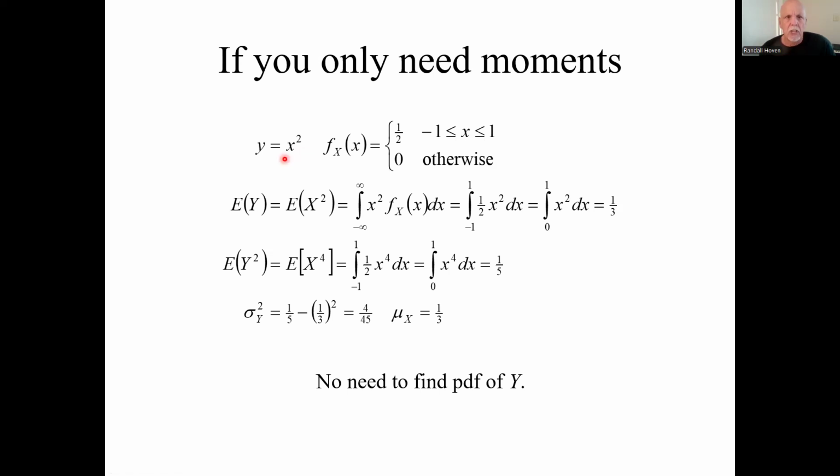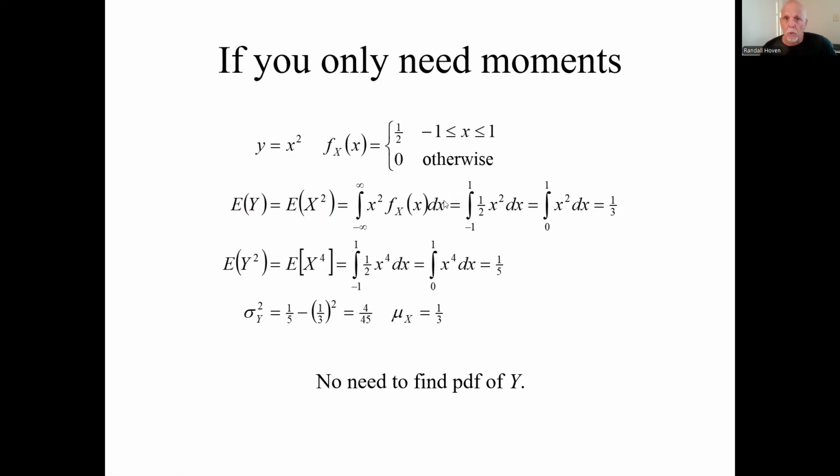Like we did this example a little earlier of just a single random variable, a function of another random variable, and you had to find the whole PDF. All you need is to find, say, the mean and the variance, or the mean and the mean square. You don't have to find the PDF and then calculate from the PDF. You just go right to those moments. Expected value of y, since this is the functional relationship, is the expected value of x squared.